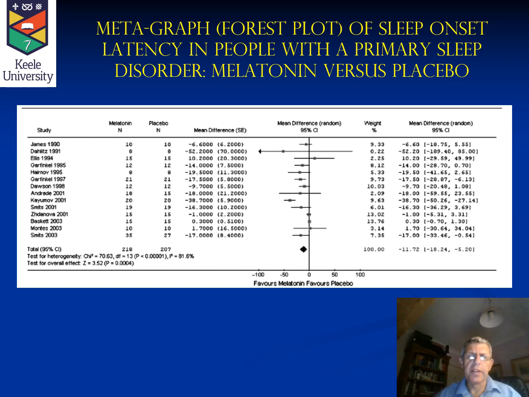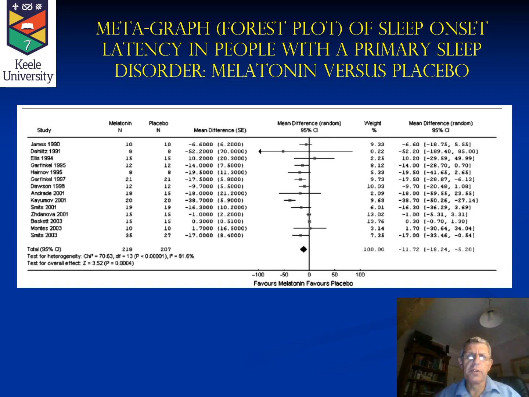So there's many things that can contribute towards heterogeneity: the age of the subjects, the dosage, the timing of the drug, the study duration, the diagnosis that people receive, the study design, and the quality of the study. So all of these are factored into this test for heterogeneity, and it comes up with a high score.